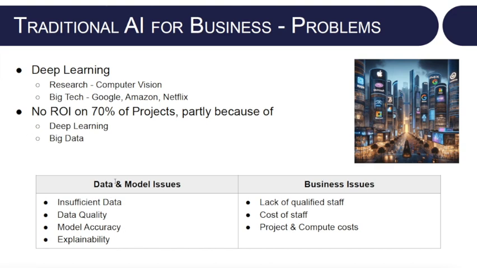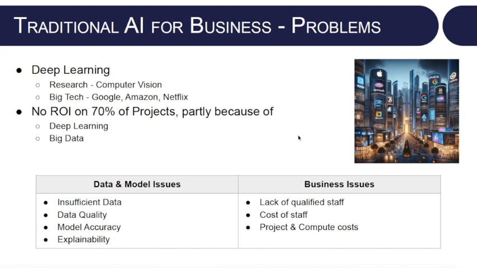So a lot of projects failed because there wasn't sufficient quality data, and the models were not very accurate or explainable. On the business side, they didn't have enough expertise in house, or had challenges accessing the right expertise to successfully execute on this project.